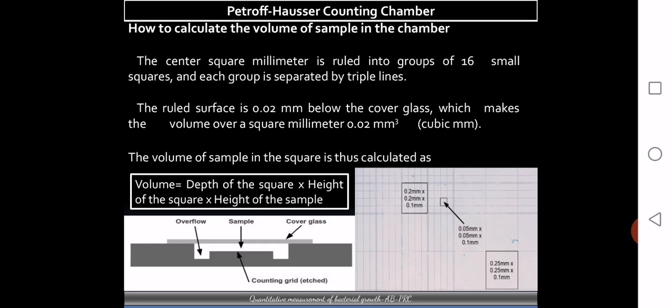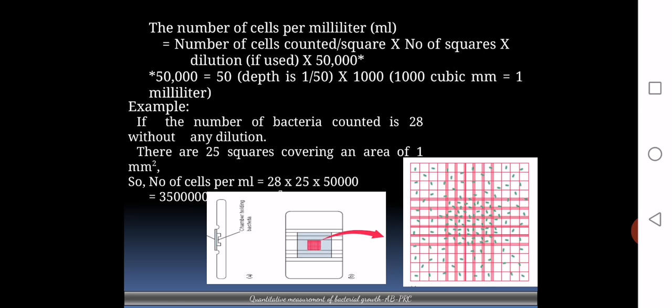So after that you can calculate this volume, and after getting that volume you can calculate the total number of bacteria present in that volume, and from there you can calculate the total number of bacteria.